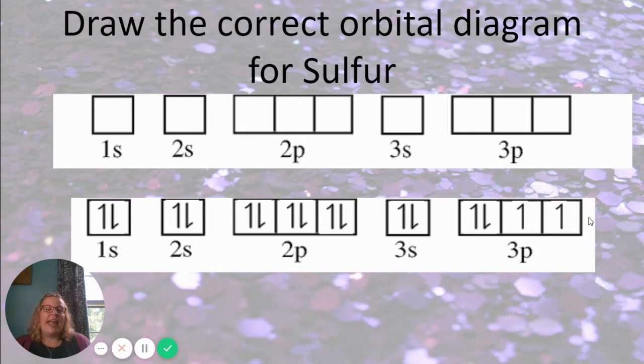If I have any unpaired electrons, period, my substance is paramagnetic. And the more electrons I have that are unpaired, the stronger that magnetic character is. So that means that substance is more strongly attracted to that magnet when you bring it next to your sample. So if I had a sample of sulfur, that sulfur would be weakly attracted to that magnet.